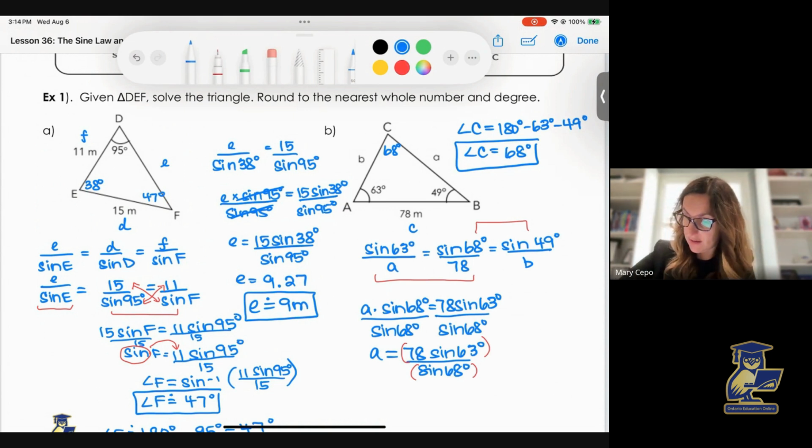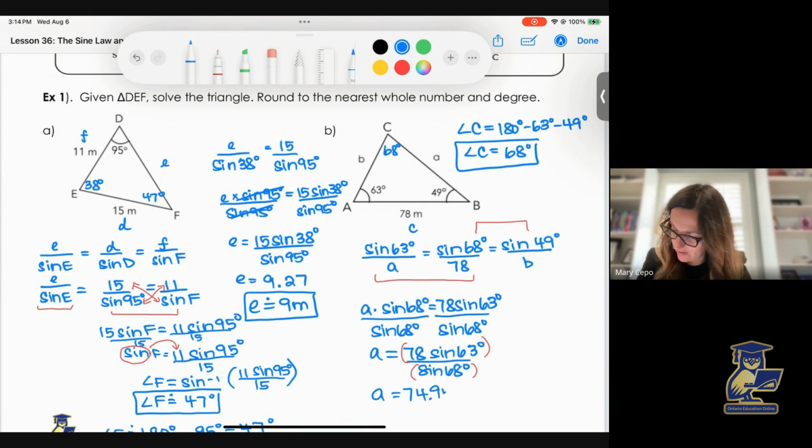So when we take 78 sine 63, and we divide it by, keeping that in brackets, bracket sine of 68, A is about 74.956564. So then we know A is about 75. And don't forget the units. In this case, it is meters.